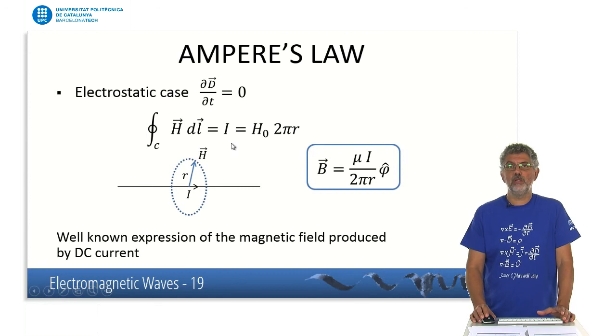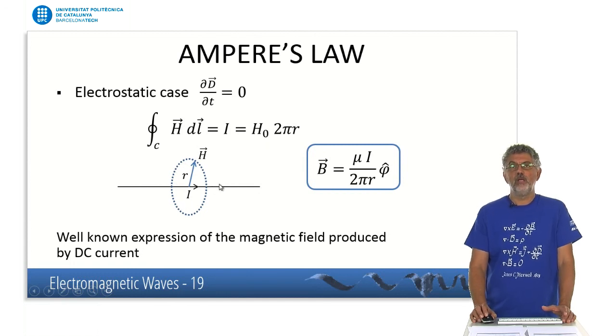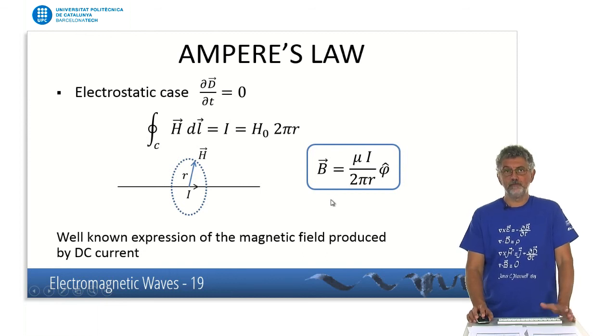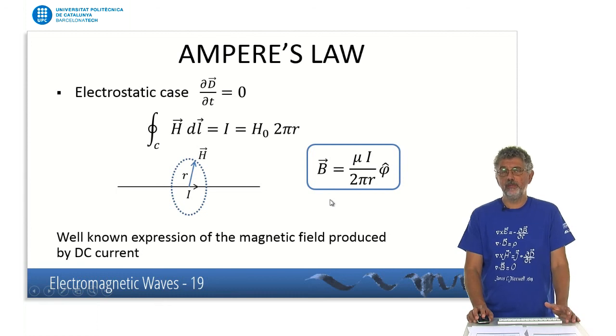The total current will be that constant field times 2 pi r, which is just the length of this integration path. If we remember the relationship between the field intensity vector and B, we can write this expression, which is a very well-known expression for the magnetic field produced by a DC current. And we can see that this is directly derived from Ampere's law.